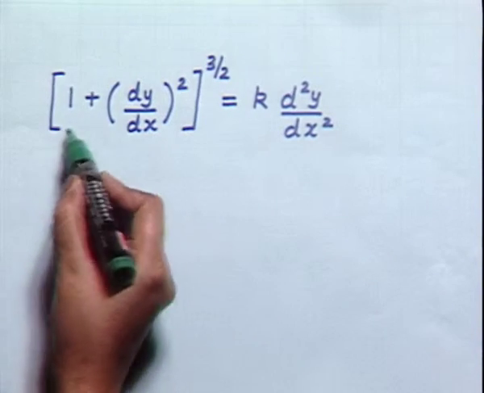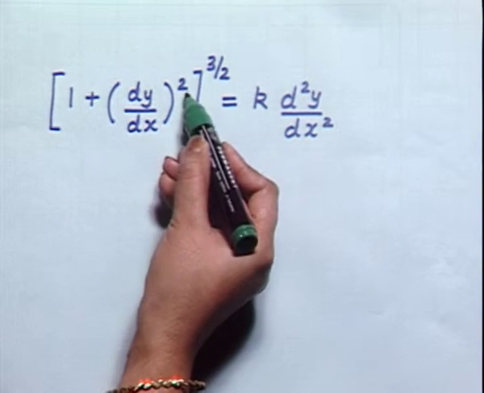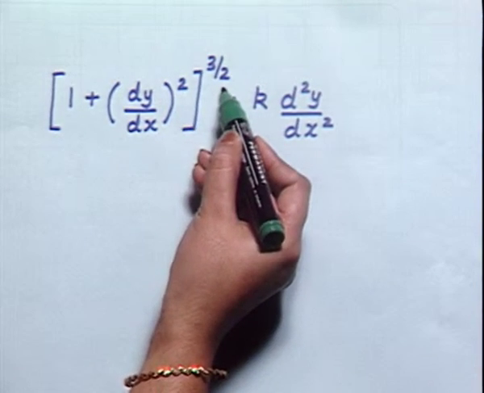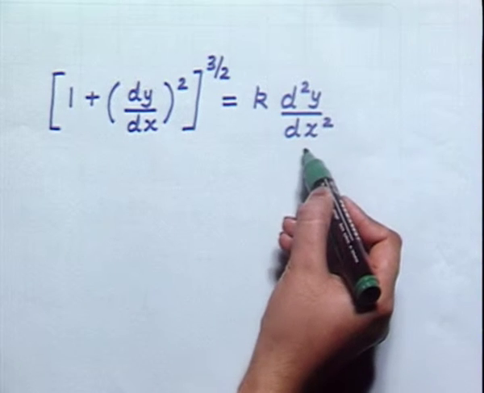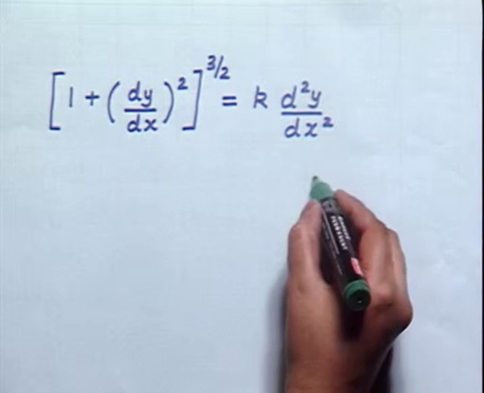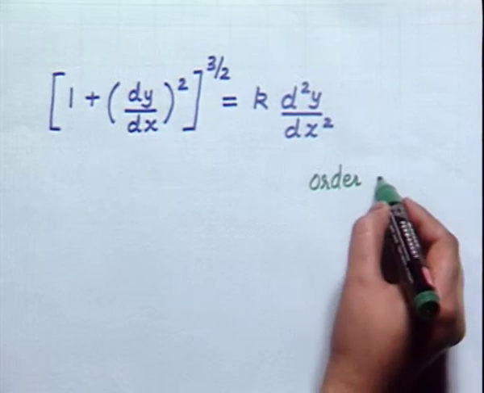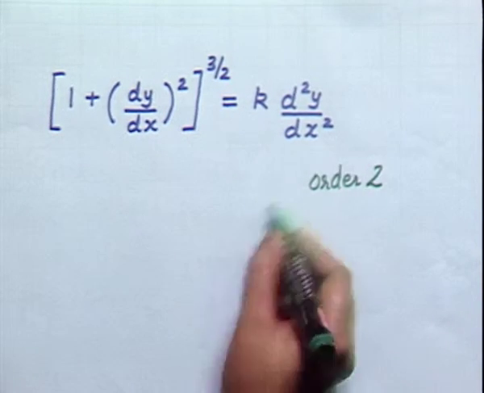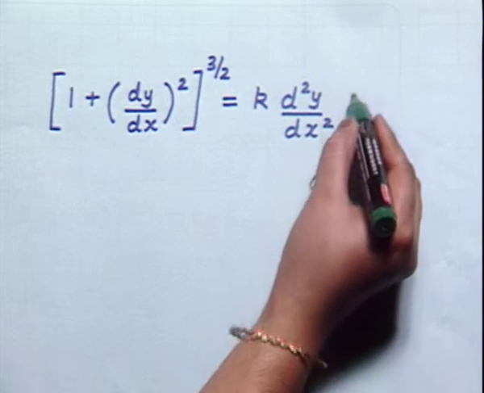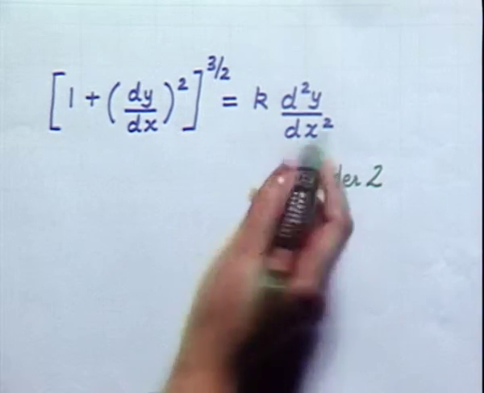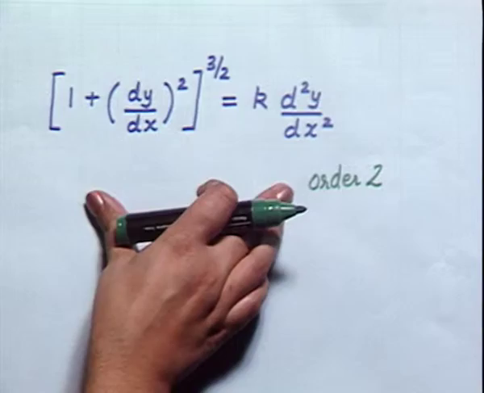If radicals are involved, more work is involved. Take a look at this example. We have 1 plus dy by dx whole square to the power 3 by 2 equal to k d2y by dx2. If you have to identify the order, then the order will be 2. But the degree is not 1. Degree as it is cannot be identified.